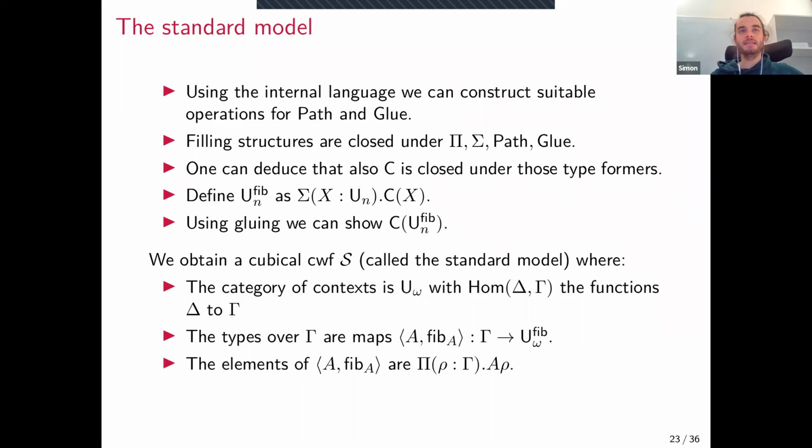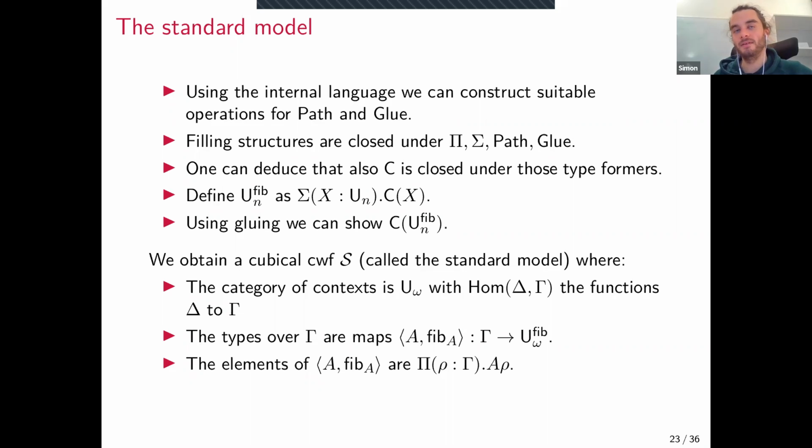Then we can organize this data into a cubical CWF, which I call the standard model, written S. The category of contexts is the large types in U omega, and the substitutions are just functions. Types over gamma are just maps into this fibrant universe from gamma.